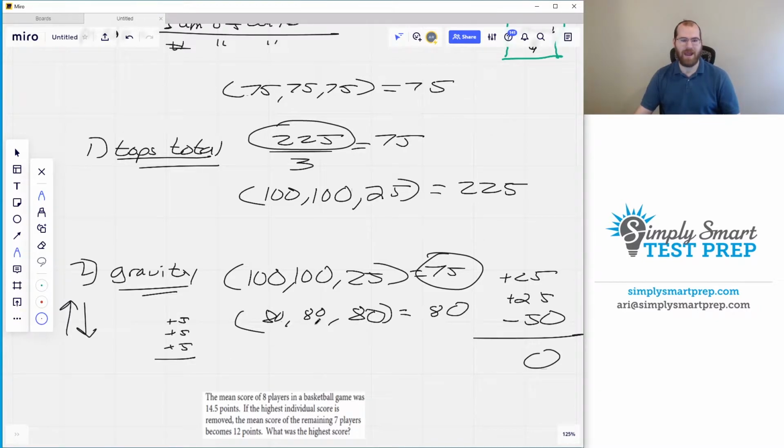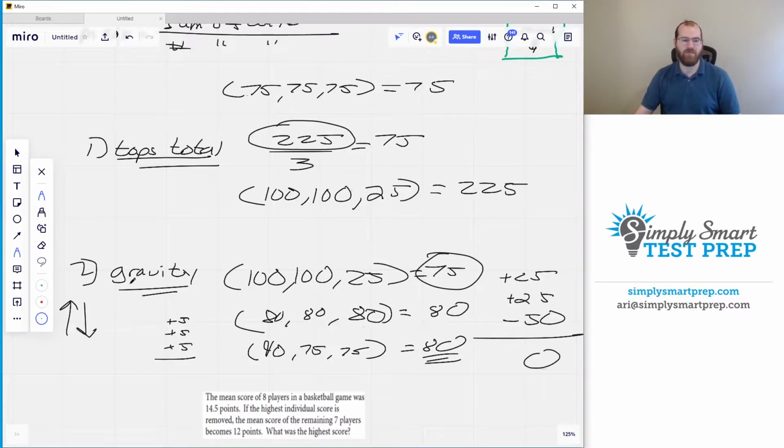Well, you can do that by adding to each value, or you can do that by just adding 15 to one value. So in this case, let's say I add 15 to that first value, that's 90, and then I'm going to keep the remaining the same. So it's plus 15, it's going to be 90, 75, 75, and that equals an average of 80.